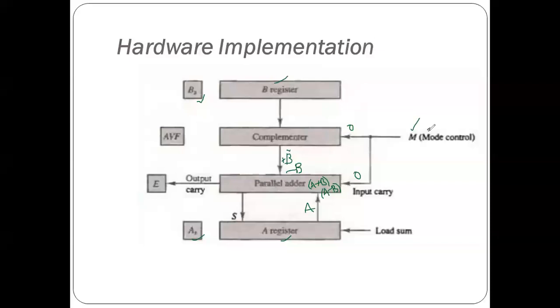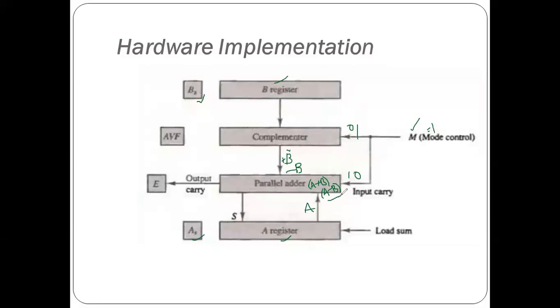If my mode control bit is 1, then 1 is given to the complementer. So I will get the one's complement of B here, and one more 1, based on the same M, is added to it. One's complement and then 1 added gives the 2's complement value, right?